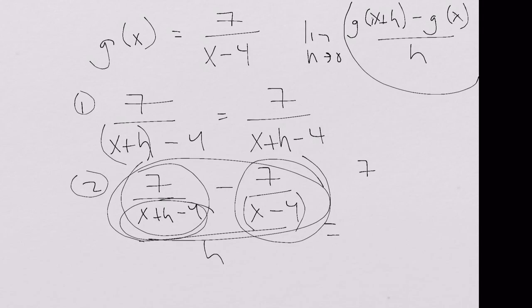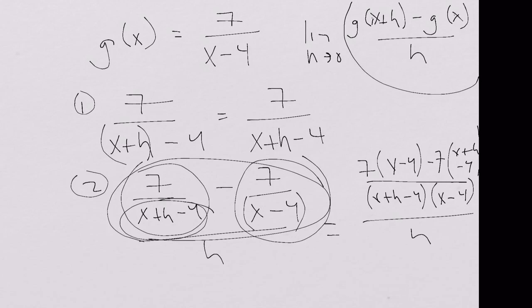So I'm going to have a 7 times x minus 4 minus 7 times x plus h minus 4. Sorry, I'm running out of room. And this will be over that new denominator, x plus h minus 4 and x minus 4. Again, this is all over h.